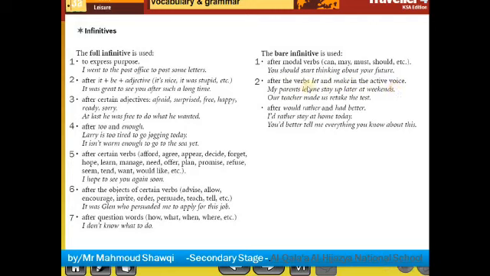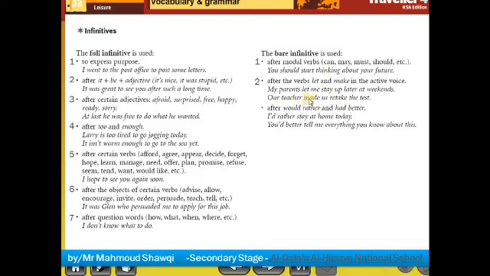For example, my parents let me stay up. Let me stay. We didn't add anything to the verb stay and we didn't use to.